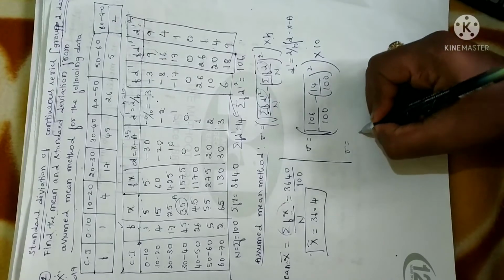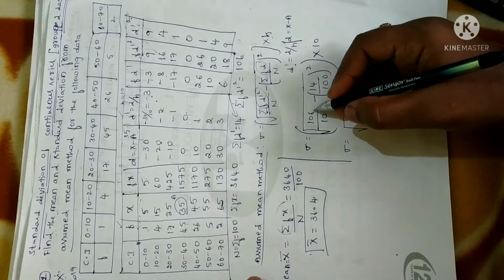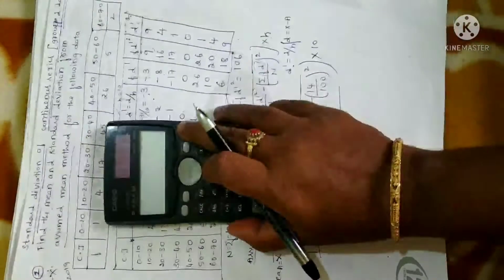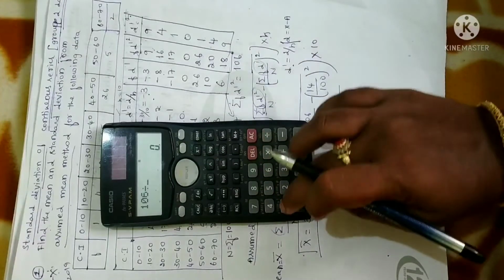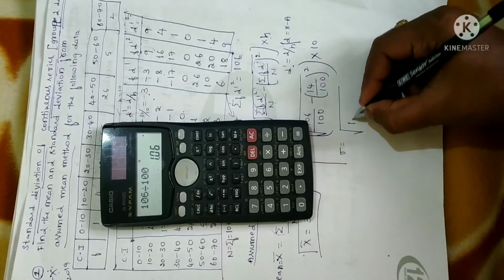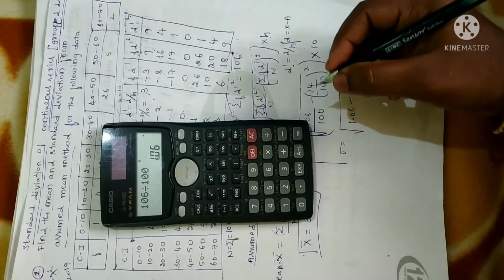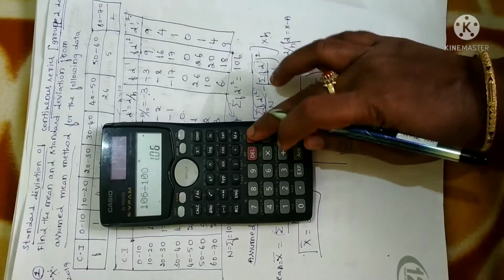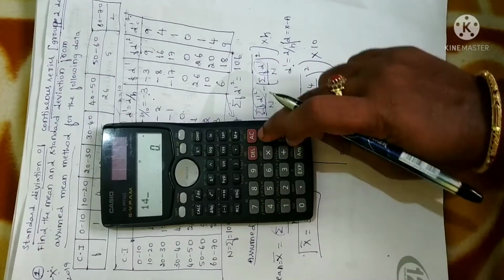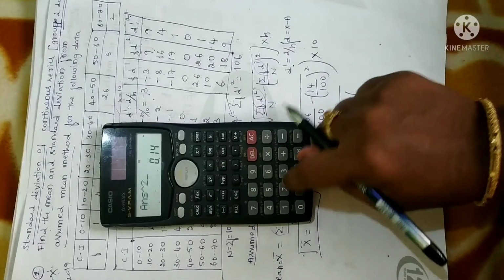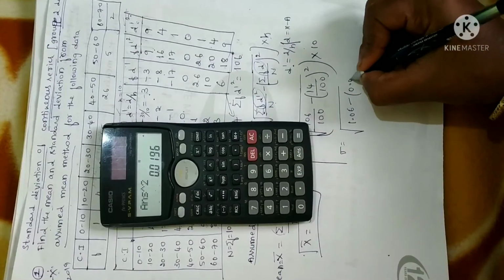So sigma will be the square root of 106 divided by 100, which gives us 1.06, minus 14 divided by 100, which is 0.14 squared, that will give us 0.0196.